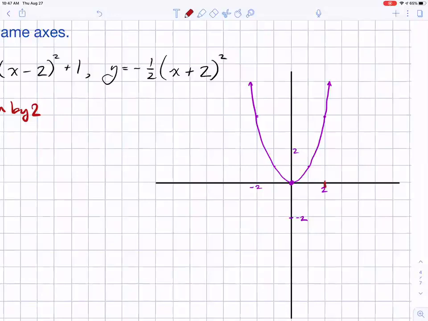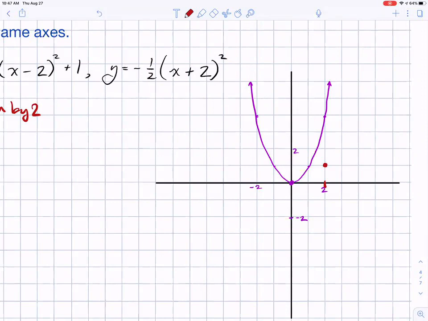So to the right 2, up 1, I have a new origin. You with me? Now this is going to be the tricky part. If you lose me on this, or if you let yourself blank out, you're going to have a hard time with this next part.